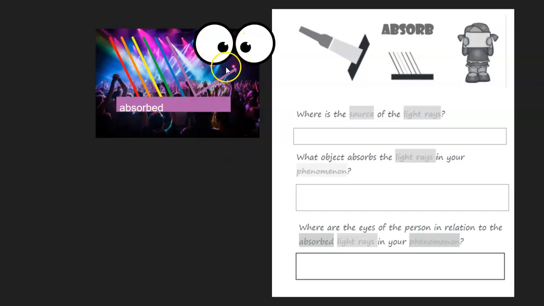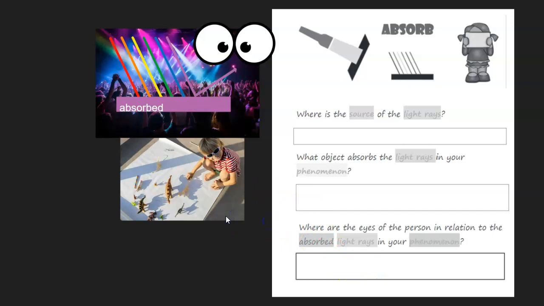The only color that's getting to the eyes, in this case, we're focused on purple light, would be the purple. So we might say the eyes are looking at the purple light. But we might also give an order that we're going to put into the diagram. So the sun, the source, is over here. The dinosaurs and the eyes are on the other side of the object.